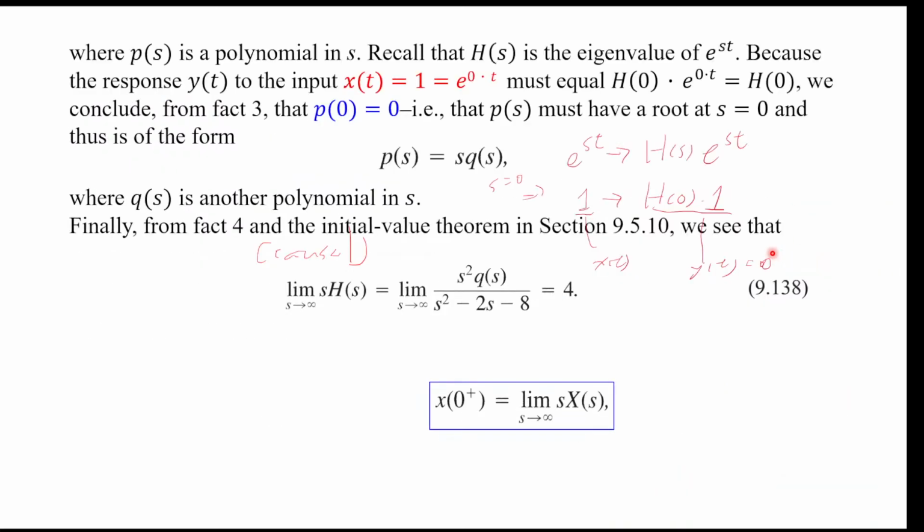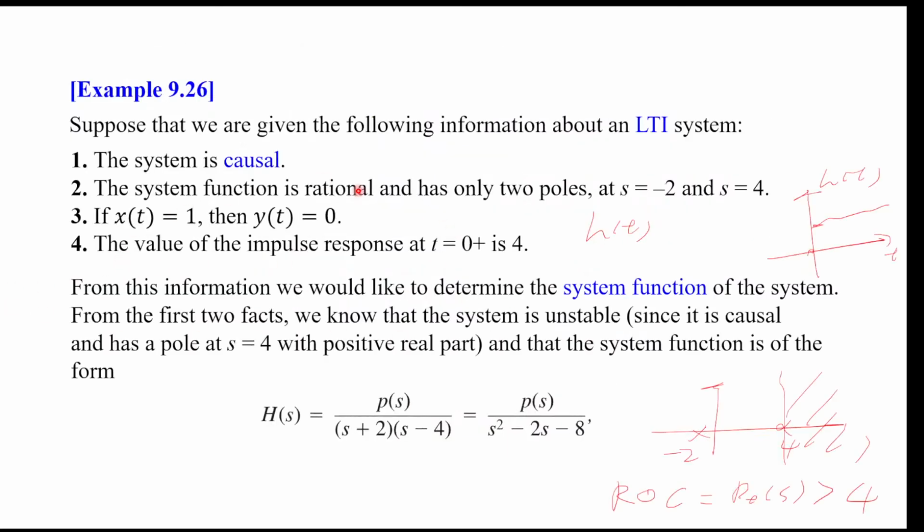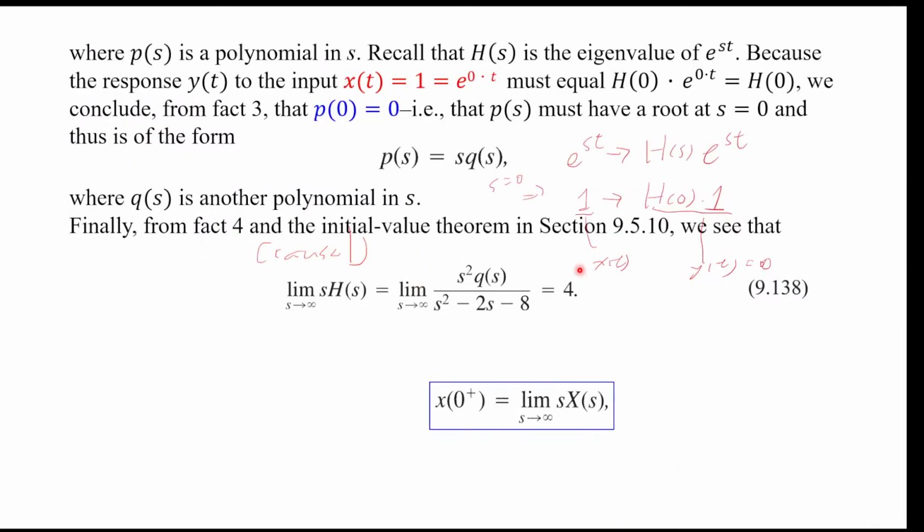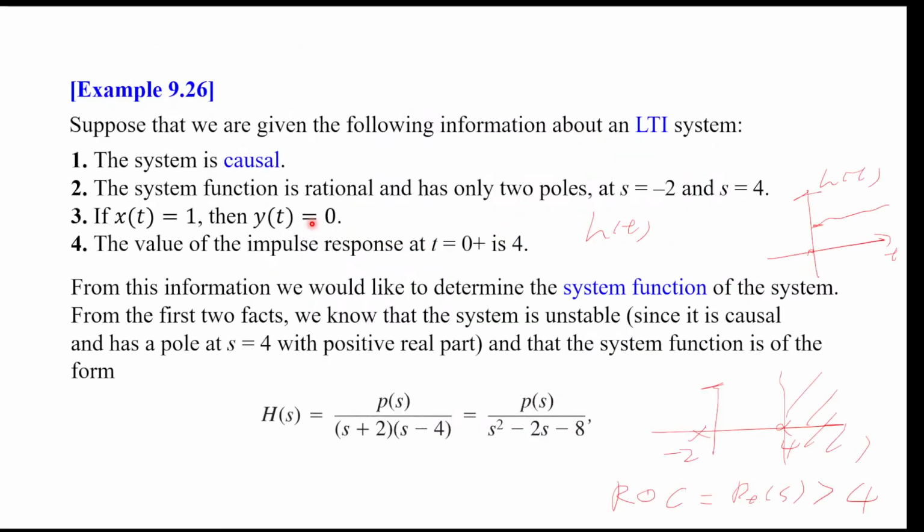To use this condition, we use the initial value theorem we talked about in section 9.5.10. The condition is exactly the initial value of this time domain signal h of t. We know the system is causal, so h of t must be 0 for t less than 0, so we satisfy the condition we need for this initial value theorem.